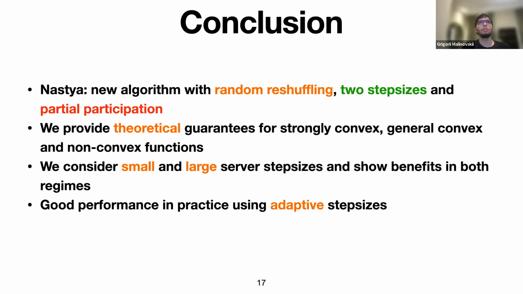We consider two regimes of small and large step sizes, and we have shown that we have benefits in both regimes, and this theoretical consideration gave us some insights about adaptive step sizes and why they could be beneficial in practice.